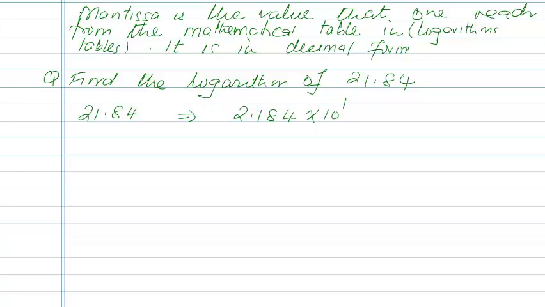Already we have managed to change that big number that is not written in mathematical tables to a number whose value you can check from the mathematical table. The power of 10, after expressing that number in standard form, is known as the characteristic.